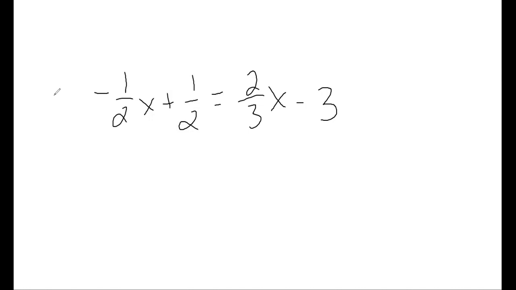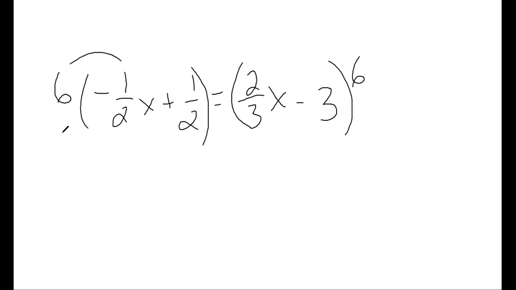So a nice refresher. The common denominator among all the fractions here would be 6, because these all go into 6. So I'm going to take this whole side and multiply by 6. And I'm going to take this side and multiply by 6. Everything has to get multiplied by 6. You can put 6 over 1 if that makes it easier.